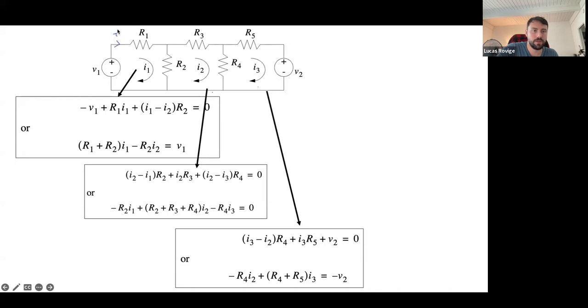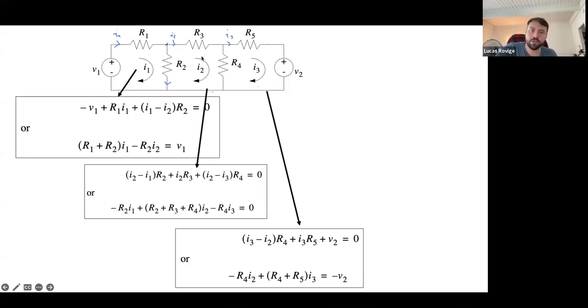Here we have I1, this is I2, this is I3, and so the current going through that resistor is just I1 minus I2. That's just Kirchhoff's law using this separation. And so we have this expression here, and we can rewrite it that way, factorizing for I1 and I2.